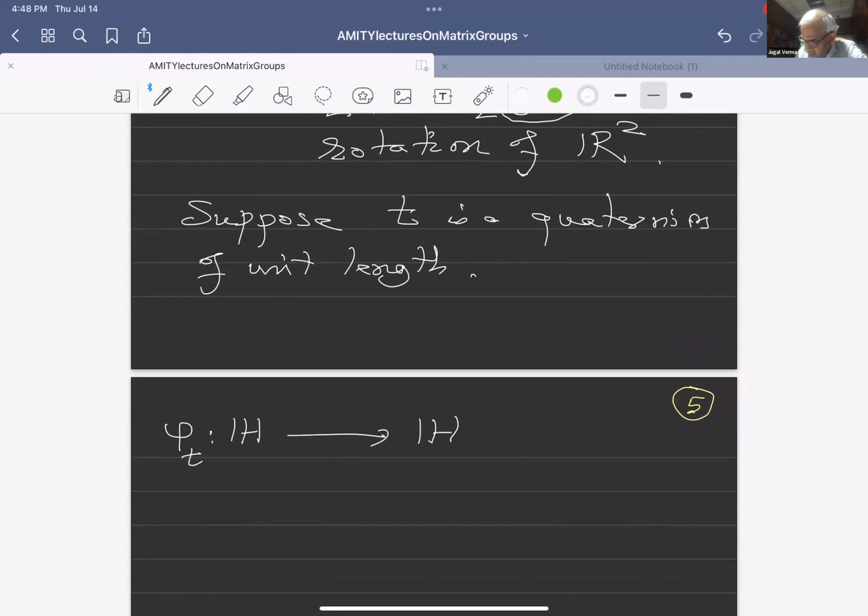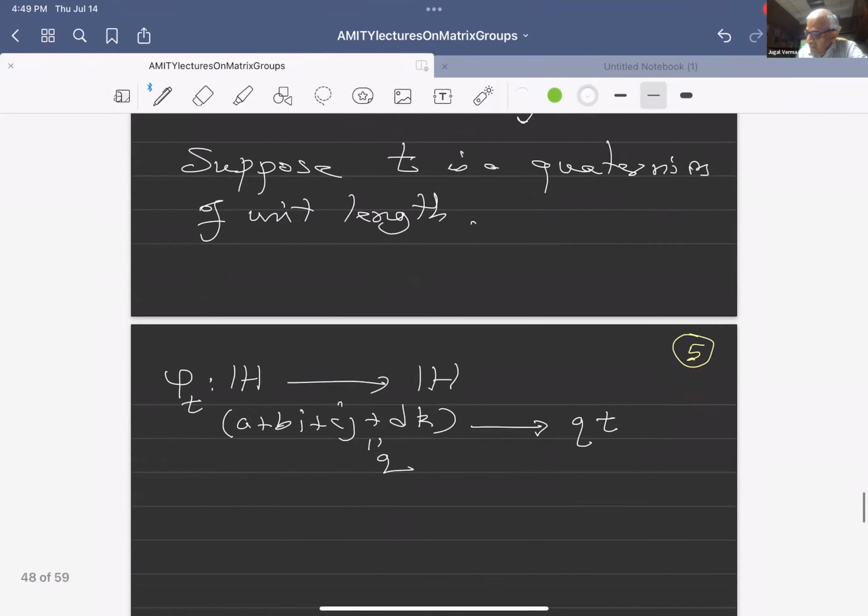H is a vector space also, so I am thinking of H as a vector space and taking a vector in H. A vector in H is a plus bi plus cj plus dk. And I multiply this vector with T on the right hand side. That is my phi T.